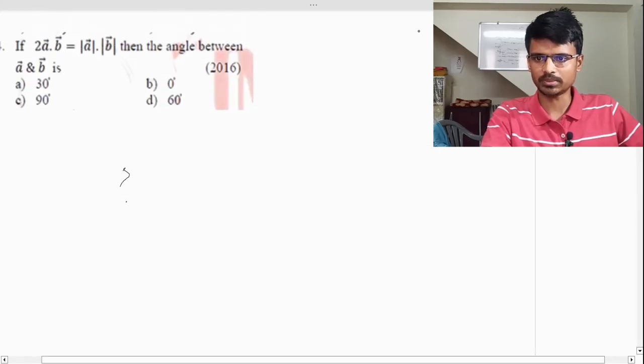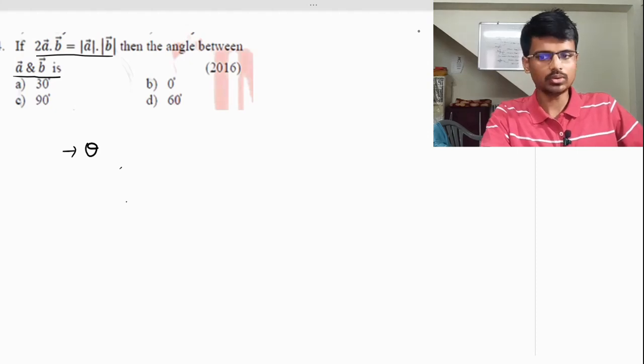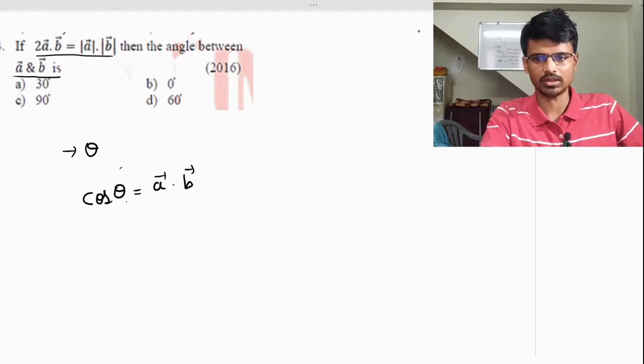So this is a pretty easy question. We are given this expression: 2 times the dot product is equal to the product of their magnitudes. Then the angle between the vector a bar and b bar is, let that angle be theta. We know one relation between cos theta and the dot product, right? This is the relation. I think everyone remembers this.